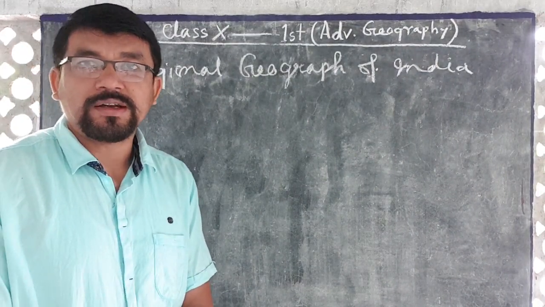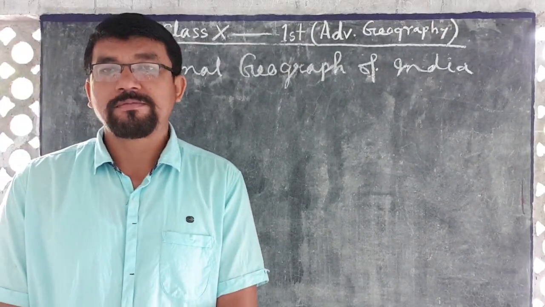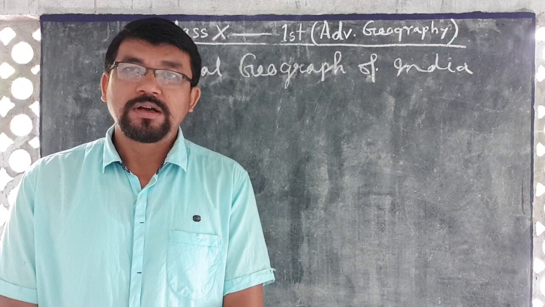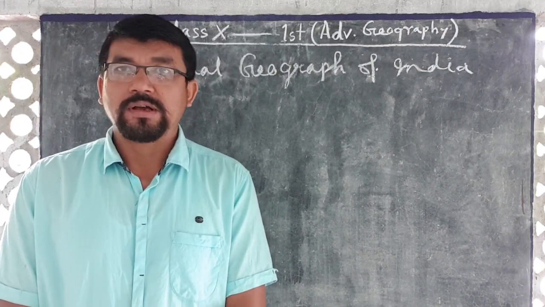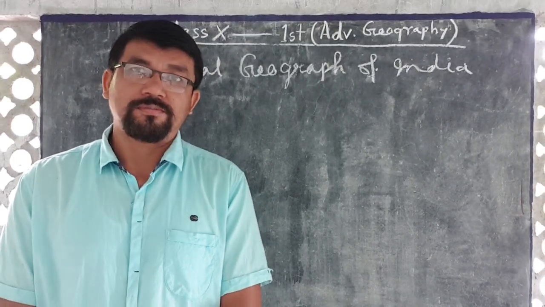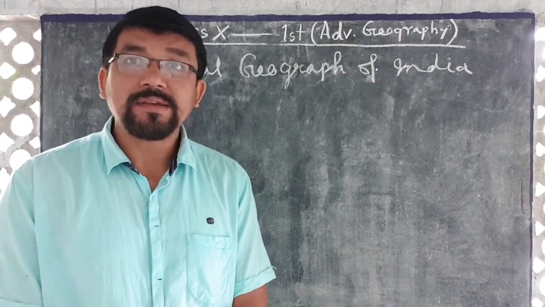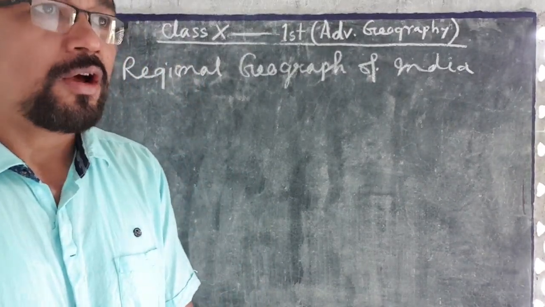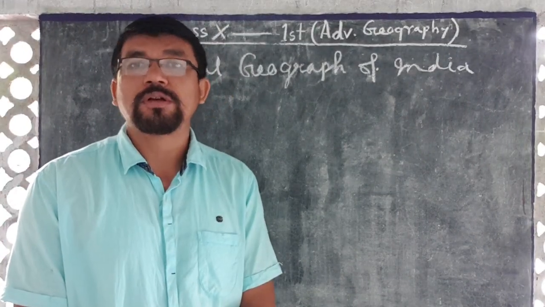Such as, there are three major racial groups found in India. They are Caucasoid, Mongoloid and Negroid. These three are the main racial groups of the world. But it is very interesting that India is a country where all these three types of racial groups of people are found.